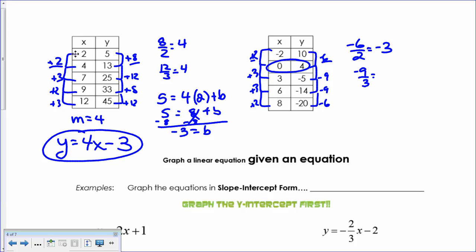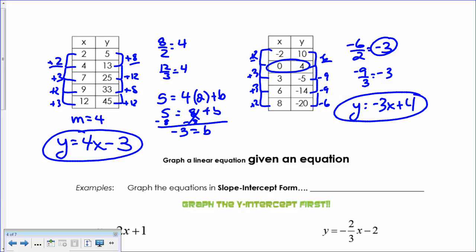It's negative 3, right? All right, so our slope is negative 3. Our y-intercept is 4. So what's our equation? Negative 3x plus 4. Not too bad, right?